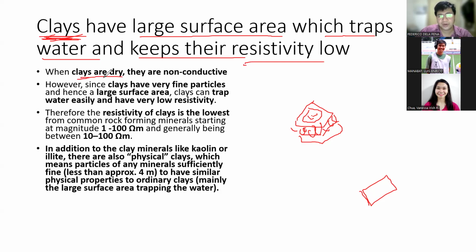So again, I'm gonna hammer this for the fourth time. The moisture condition will greatly affect the resistivity of materials. If clays are dry, they're generally resistive. However, when they are moist, they become conductive.